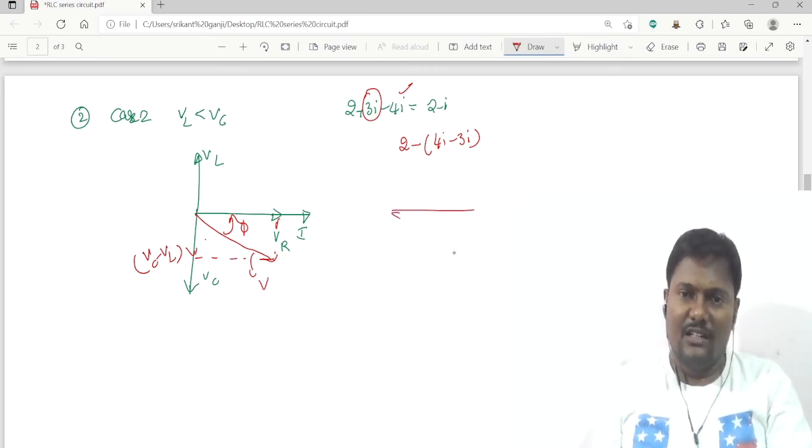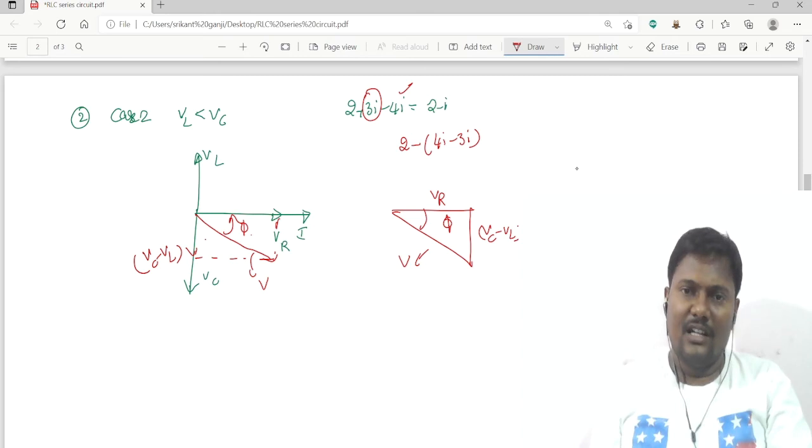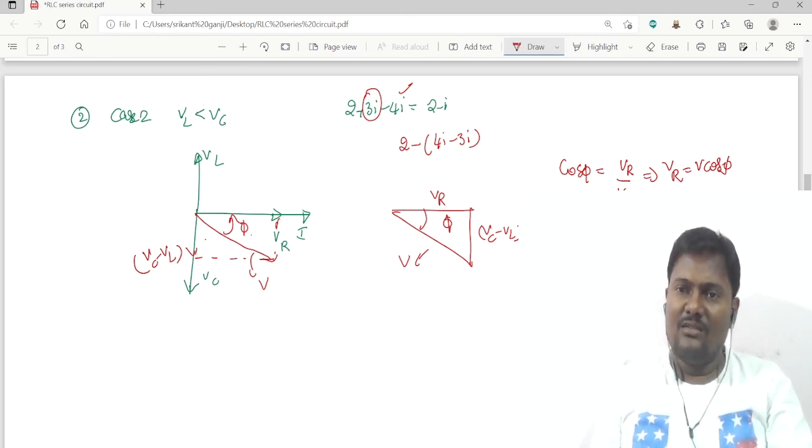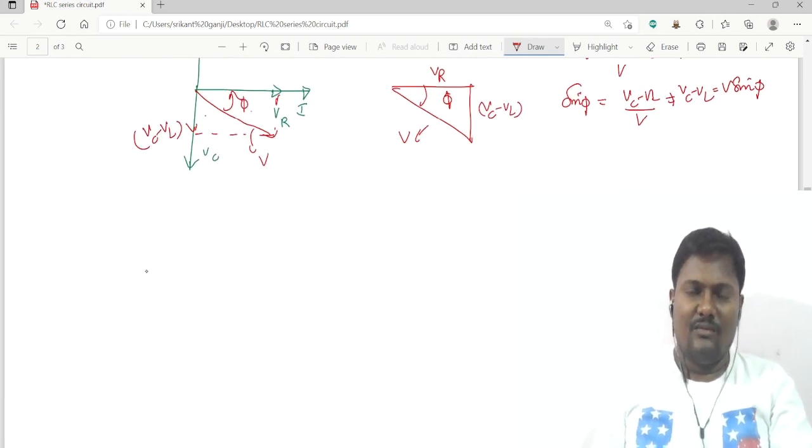From this I am getting the voltage triangle, the base component is VR, and vertical component is VC minus VL, and hypotenuse is V. And power factor, this is the power factor angle, cos phi is equal to VR by V, and from this VR is equal to V cos phi, and sin phi is equal to VC minus VL by V. VC minus VL is equal to V sin phi.